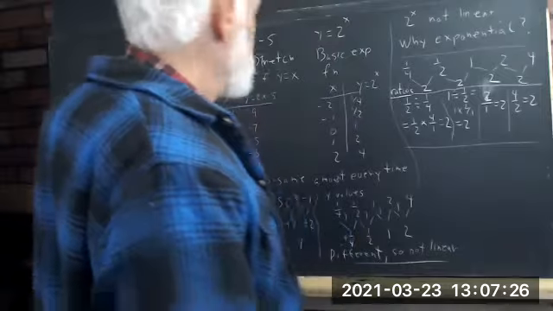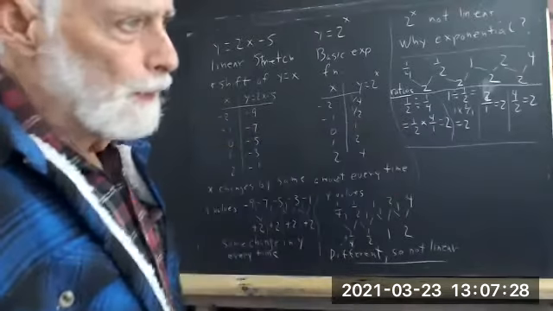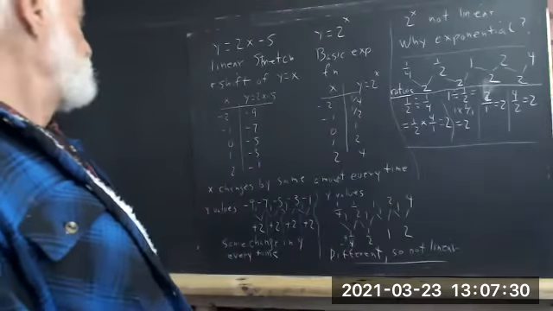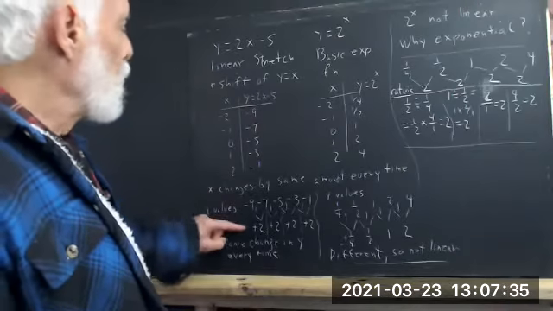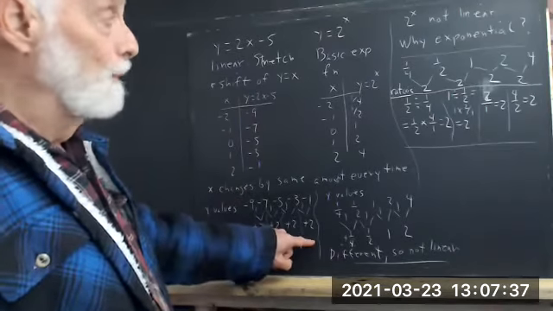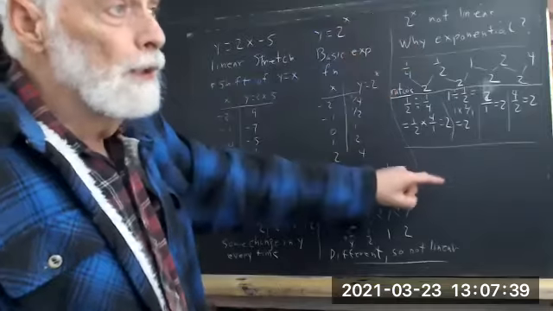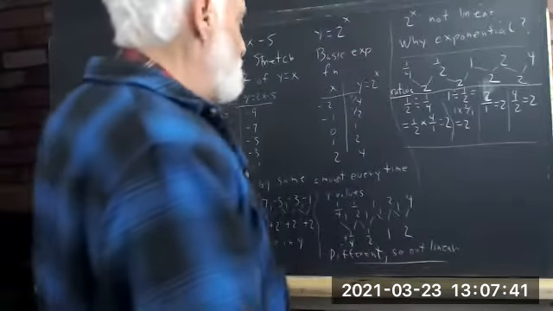Okay, so 2 things. 1, make sure you know how to do fractions. 2, your test for linearity is the change in the number is always the same. Your test for exponential is the ratios are always the same.